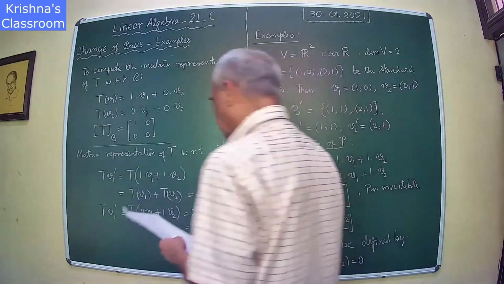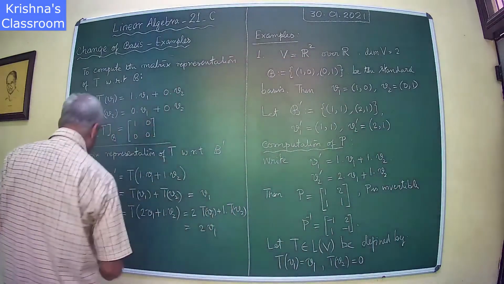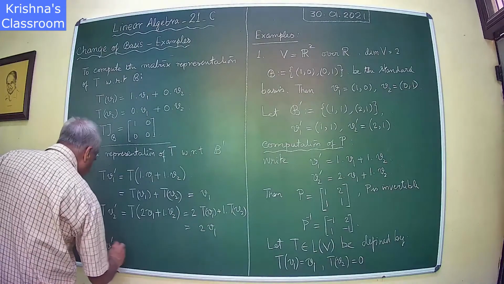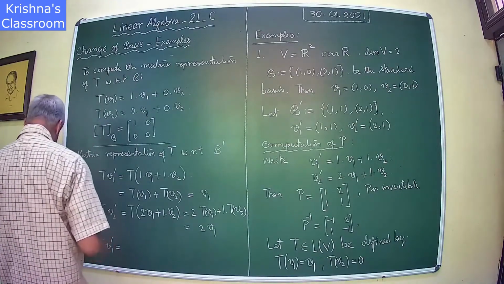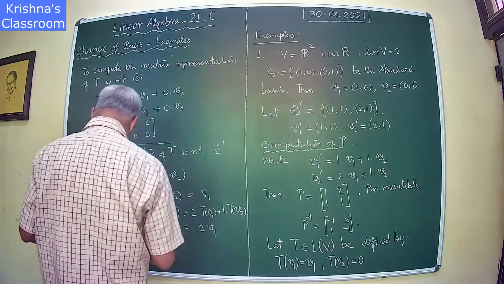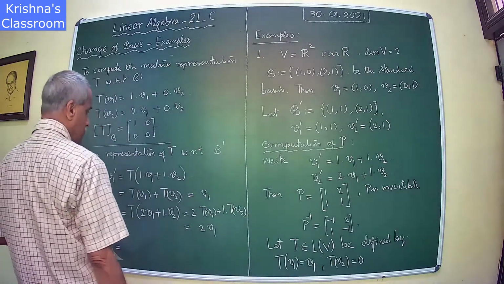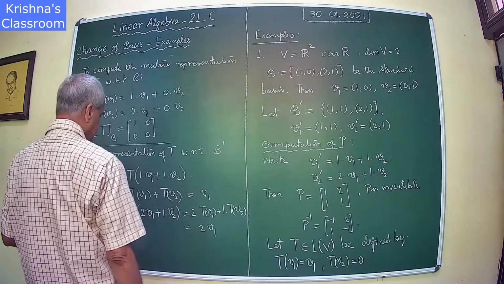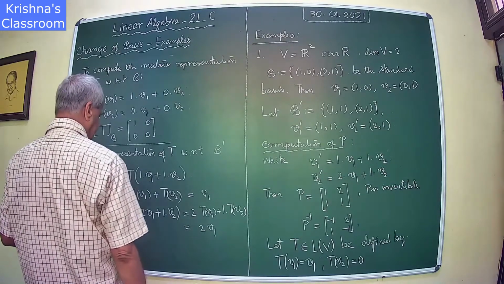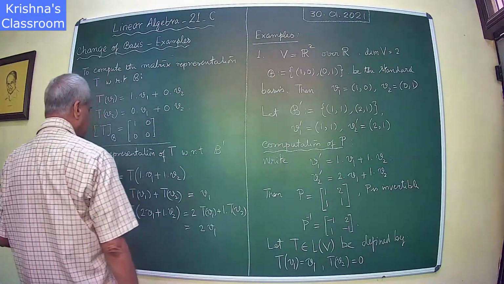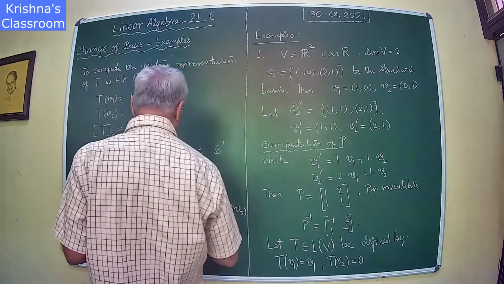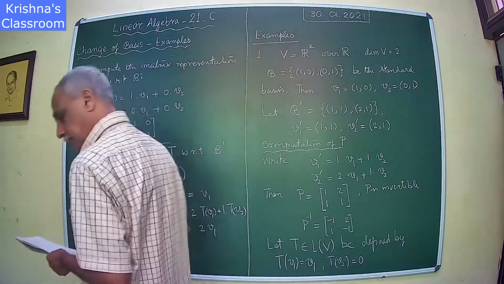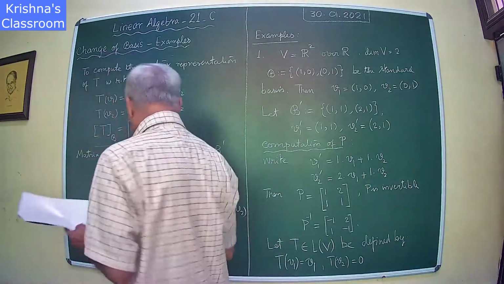Okay. Therefore, we can write T of V1 prime is equal to... now what we need is to write it in terms of V1 and V2, in terms of V1 prime and V2 prime. Okay, so let us do that.